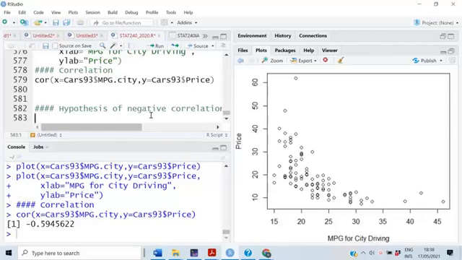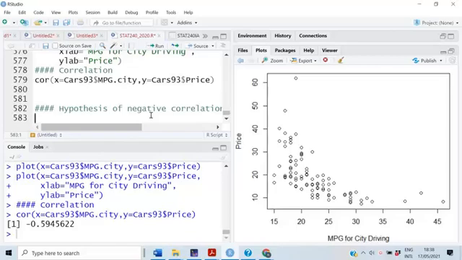Is everybody okay with this? So would this be a two-tail or a one-tail test? The question again: there is a claim that there exists a negative correlation between the price of a car and the miles per gallon. I want to test this here.